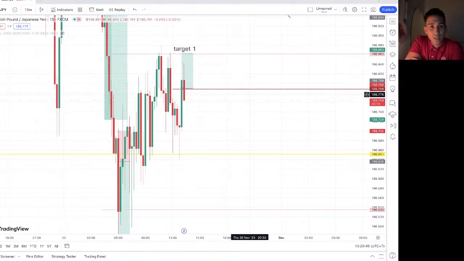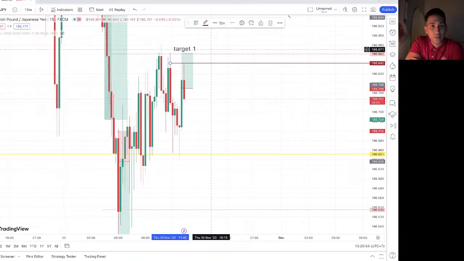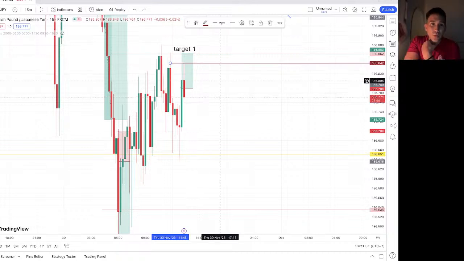So if this candle now breaks this resistance, then the clear option will be to go for buys here.